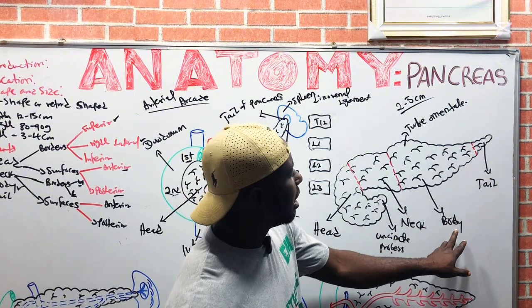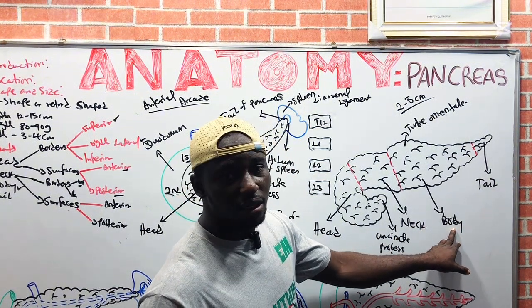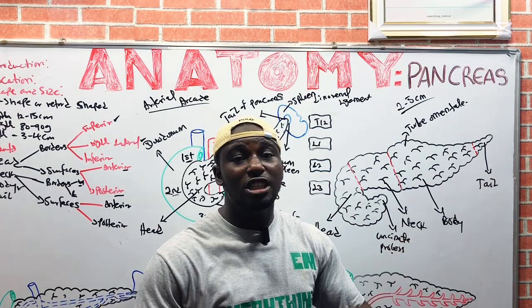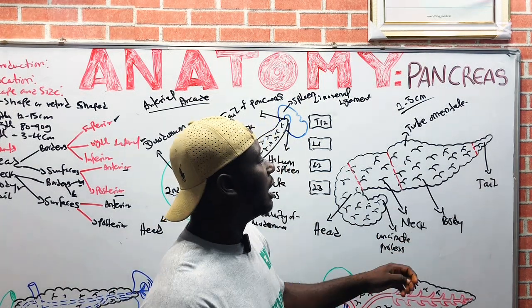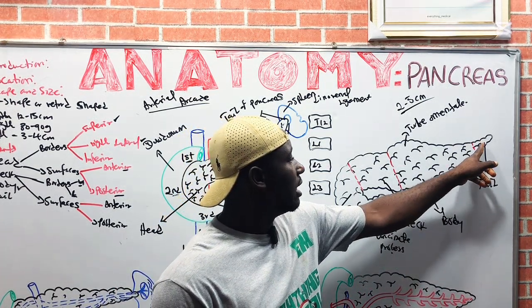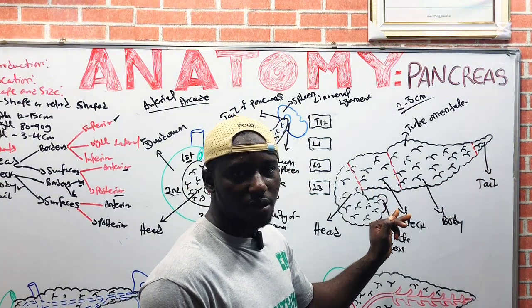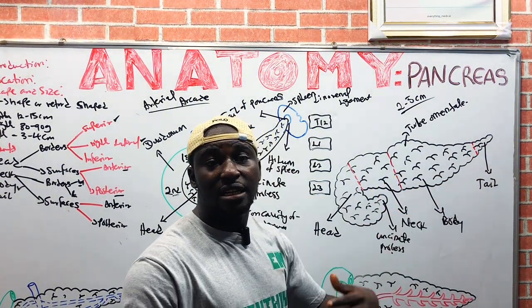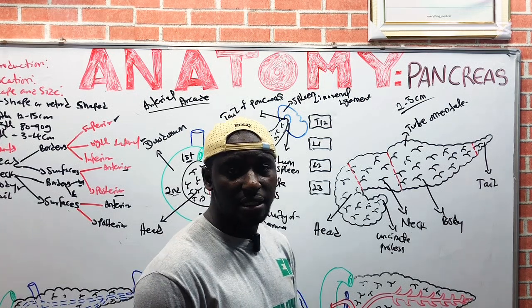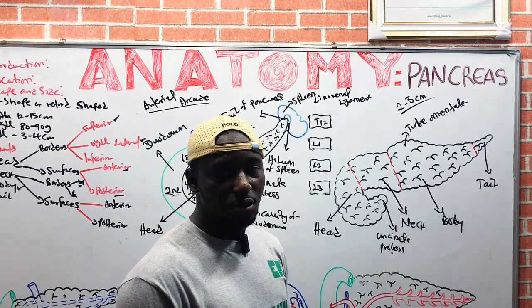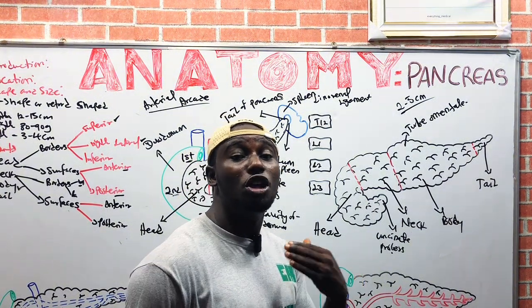So the body of the pancreas is the elongated portion situated between the tail and the neck of the pancreas. It has three borders, three surfaces, and also a process.